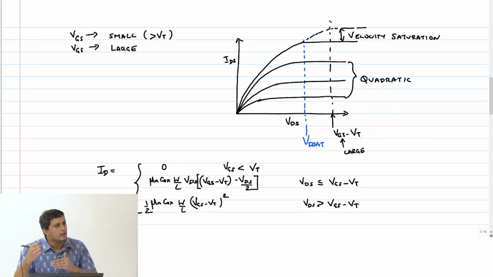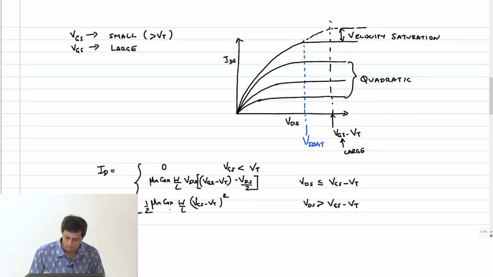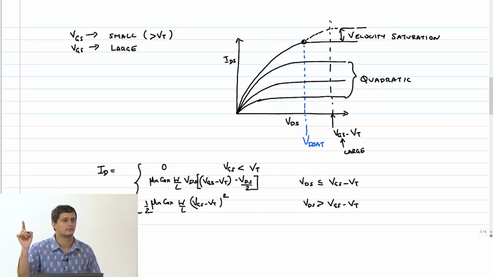Now somewhere in between these two regions, where you are going from linear to saturation, if this saturation drain voltage VD sat occurs before, as I am sweeping my drain voltage VDS, then the current will saturate to that value, and that value is just given by the linear equation where you substitute VD sat.